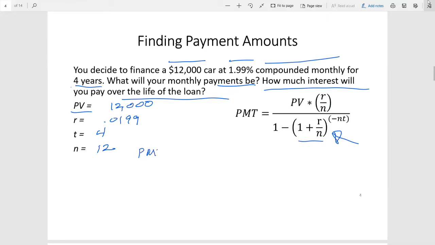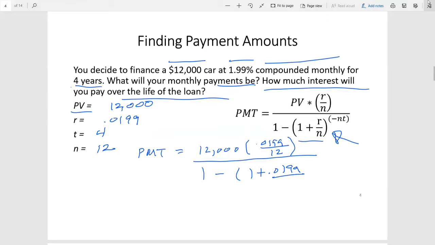Your payment is equal to 12,000 times 0.0199 divided by the total number of payments per year, which is 12, divided by 1 minus (1 plus 0.0199 divided by 12) to the minus NT.